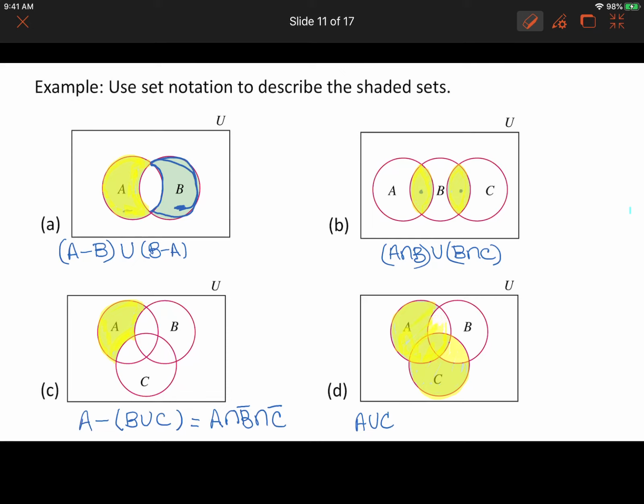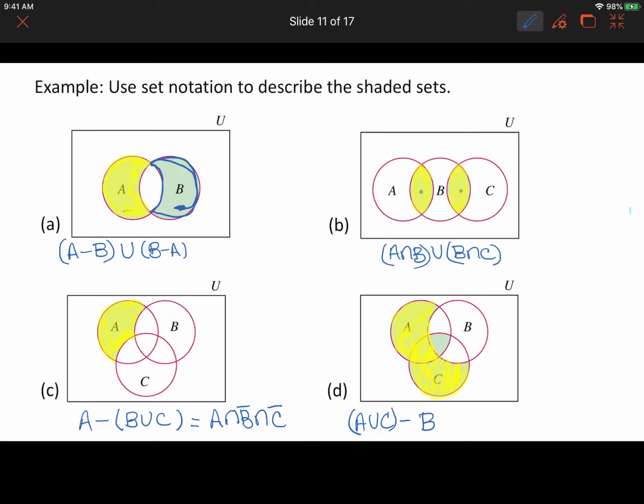So what if I remove B? Okay. So I'm going to remove B. And I do that by taking the set difference. So A union C, set difference with B.